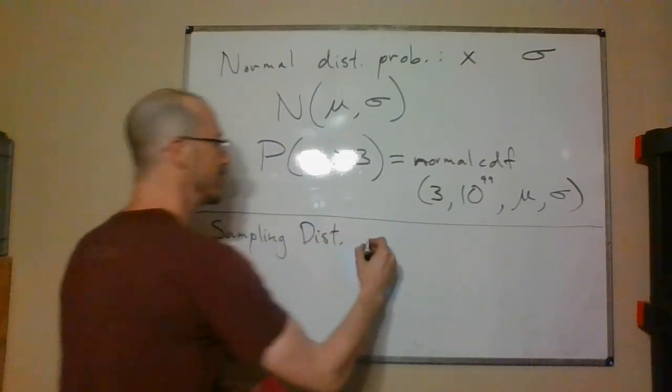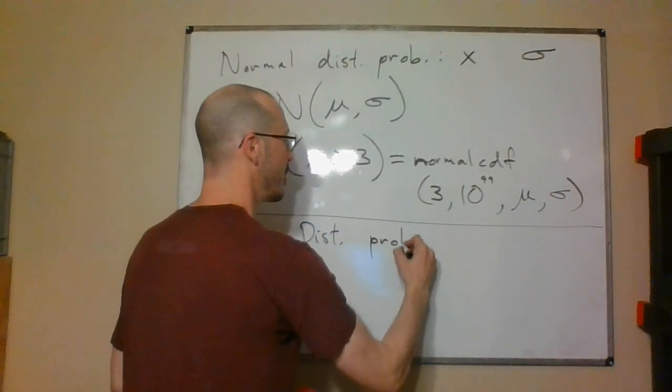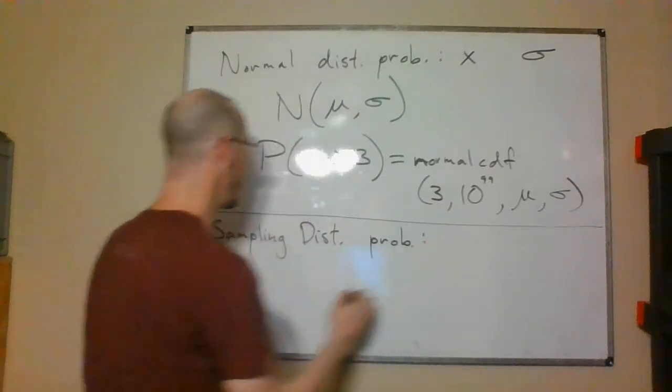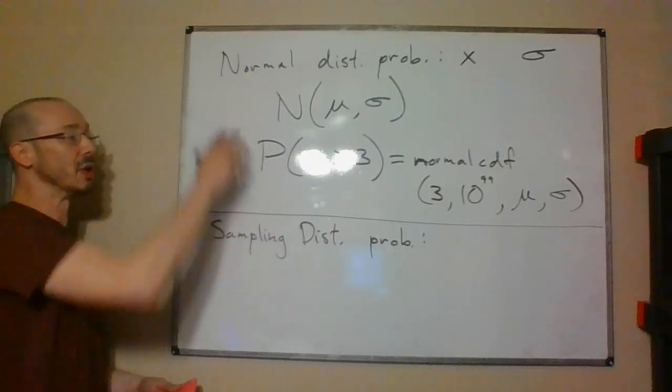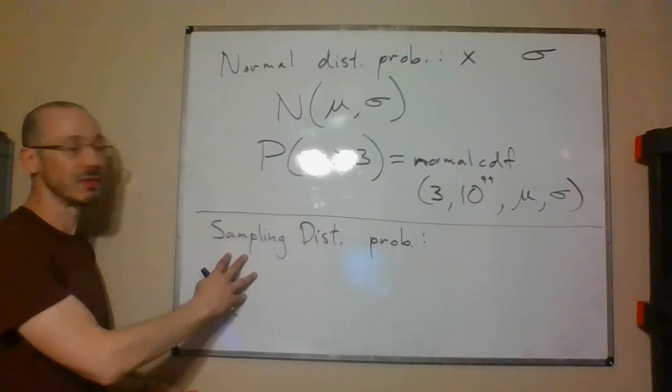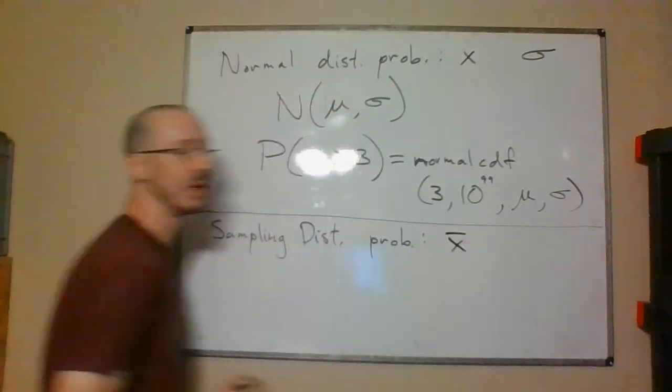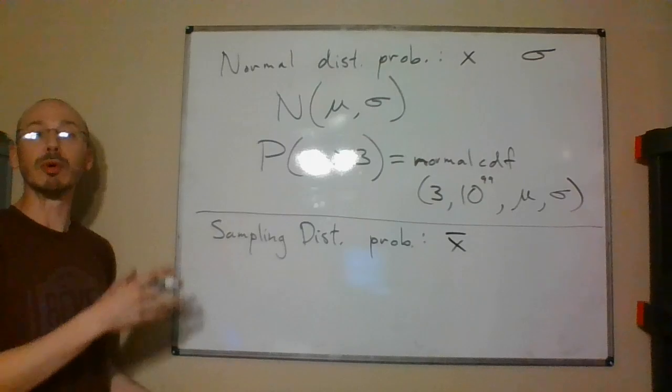Sampling distribution probability. So if we want to do sampling distribution, it's also normal, but in this case we're not talking about values of the data, it's values of the sample means.